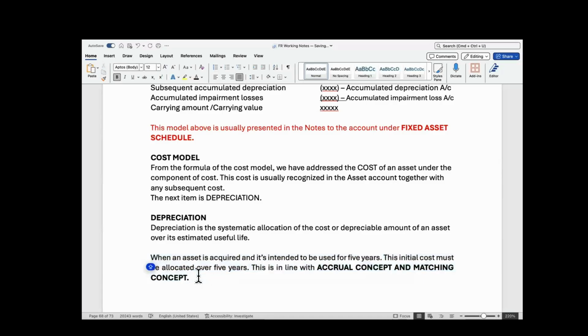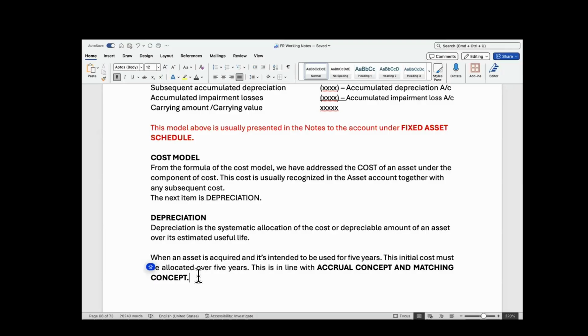The accrual concept says that you recognize costs based on the economic activity for the year. The matching concept says that whenever you make income for a year, you need to match that income for that year with the costs that generated that income for that year.